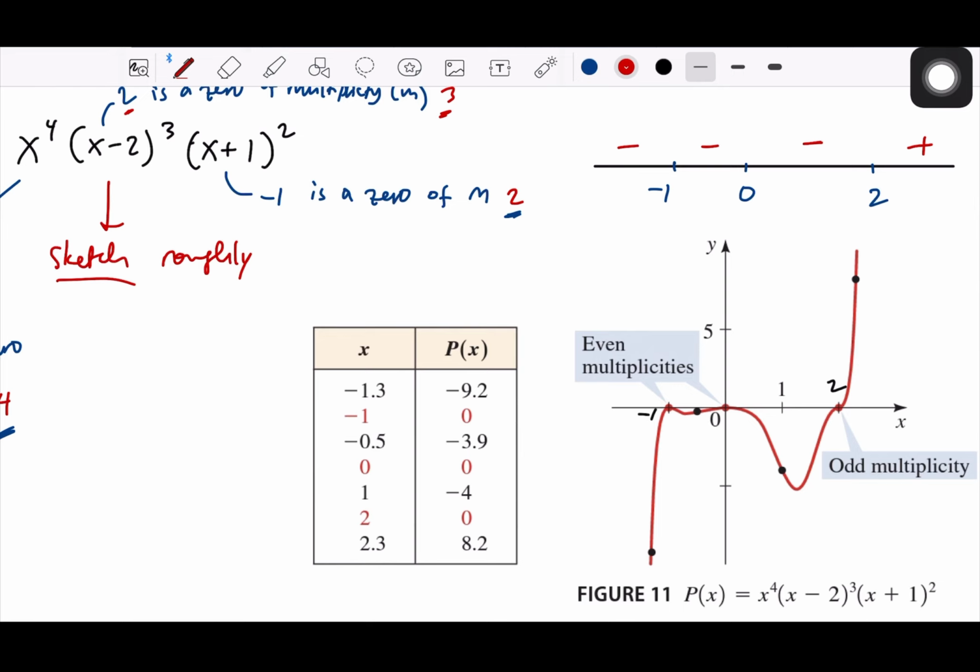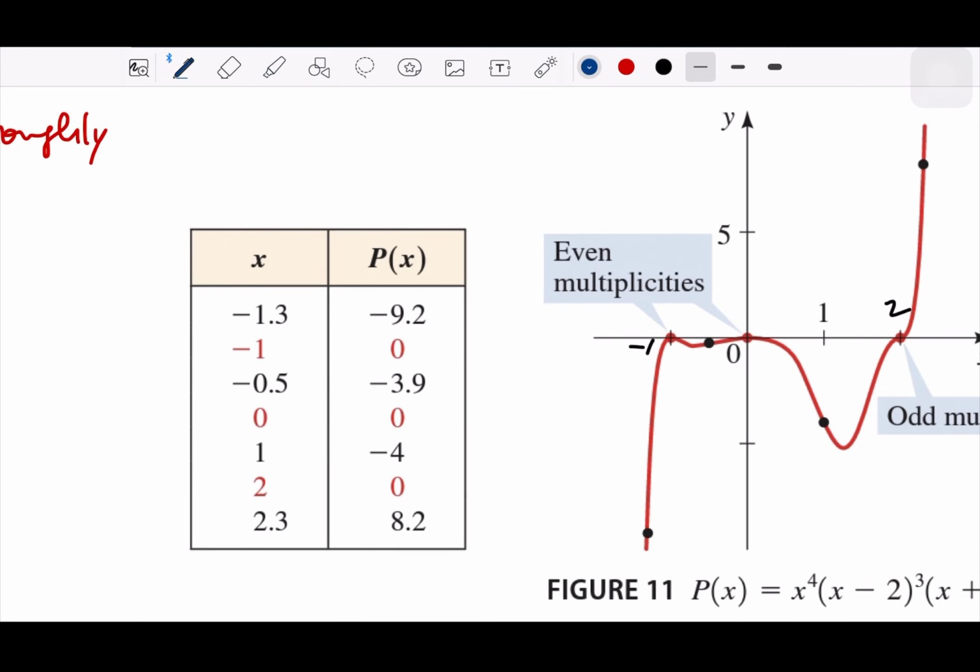Because of multiplicity, to make this negative make sense we need to rearrange the curve. So when the curve goes to negative 1, because it has even multiplicity, it needs to take a turn at negative 1 and then goes back.